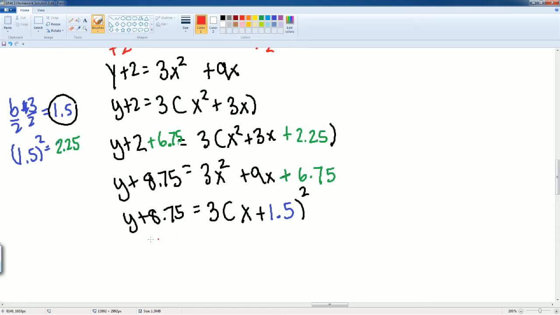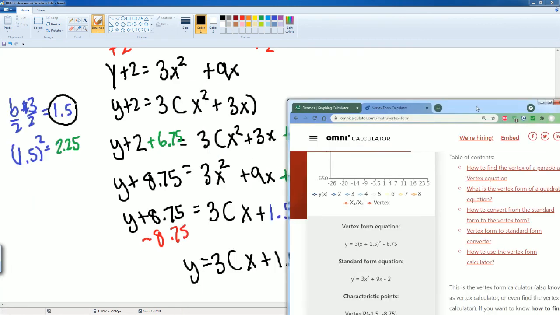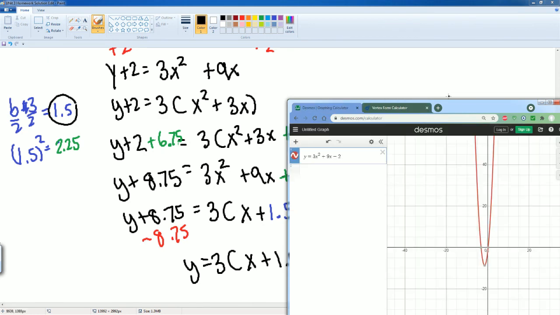So subtract that 8.75 from both sides, leaving you with y equals 3 parentheses x plus 1.5 squared minus 8.75. Here I had to double check and triple check. I used an online calculator to double check my work, and I also graphed it.